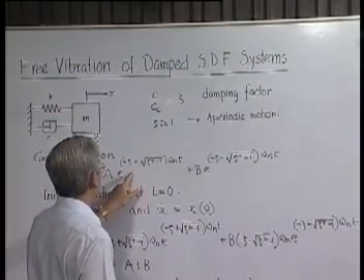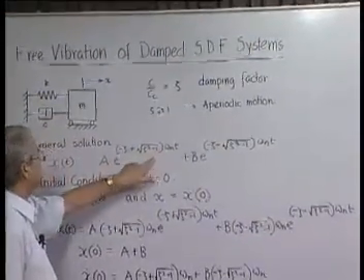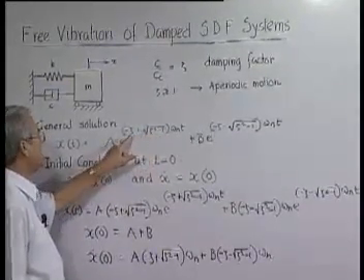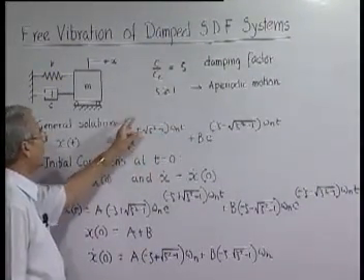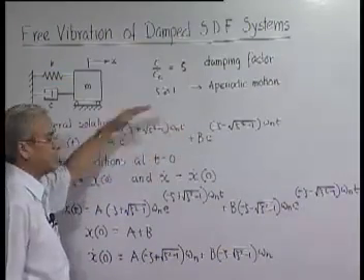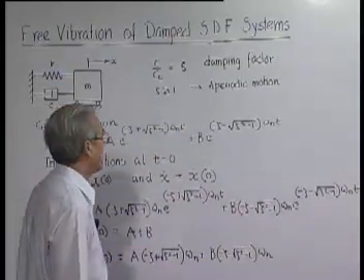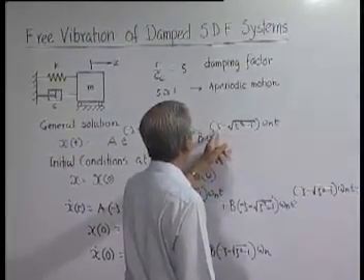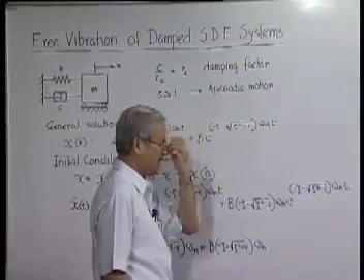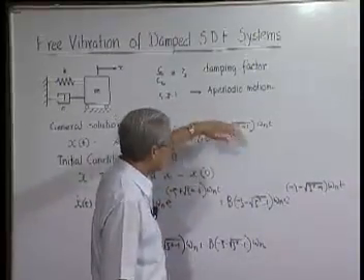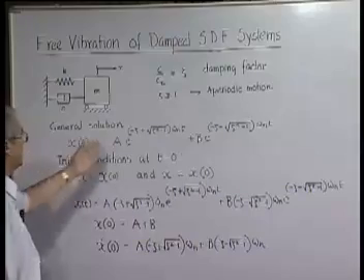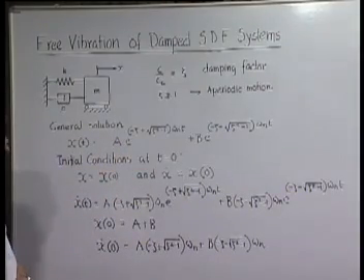This one is a negative real number, because this is less than zeta but positive, this is minus zeta. Therefore this quantity will be negative and this term will be decaying with time, as I mentioned earlier. Same is the case here. This is less than 1, but both being negative, it is obviously a larger negative value than this, and this will also decay exponentially. So we can say that this system will asymptotically decay.